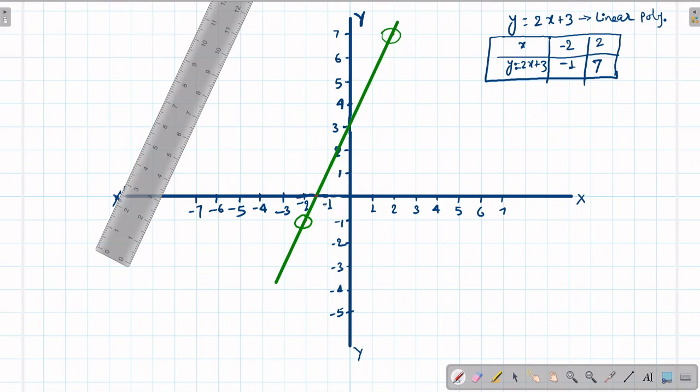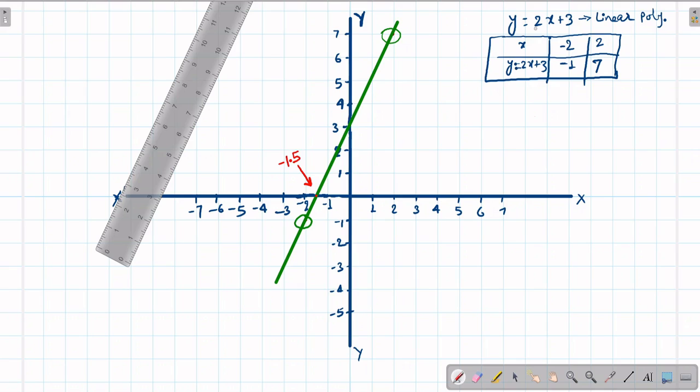So can you tell me the point just between -1 and -2? Obviously this will be equal to -1.5. This will be the midpoint of -1 and -2.